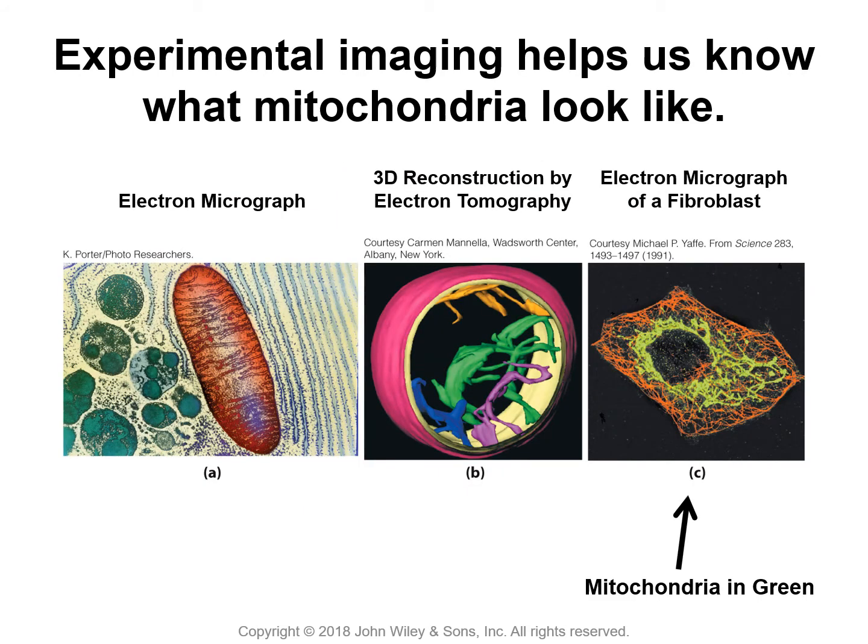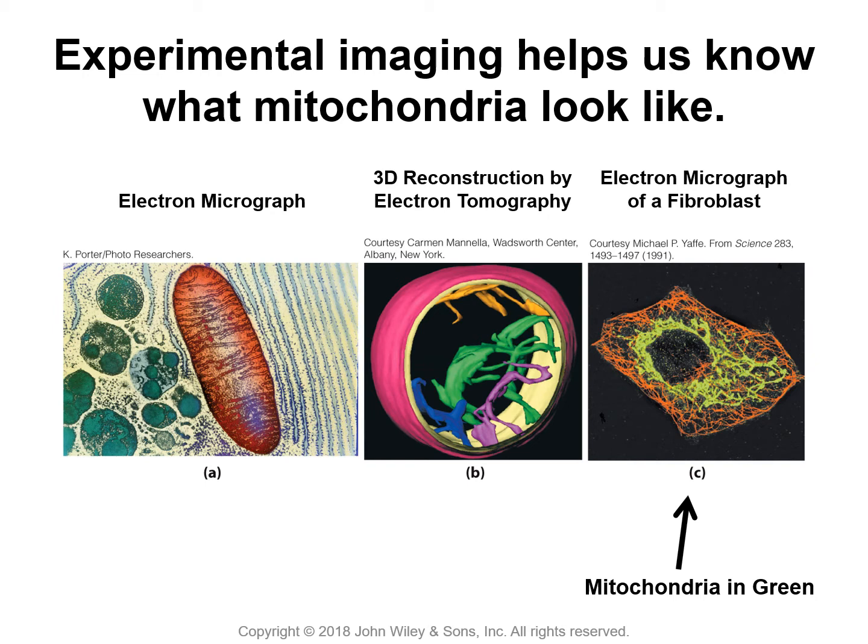Now, what you see in here is images of the mitochondria. What you see in A is the conventional electron micrograph showing the cristae as a system of planar baffles. What you see in B is the three-dimensional reconstruction of a mitochondrion by electron tomography, and it shows irregular tubular cristae.